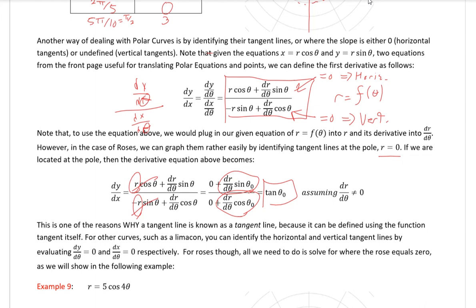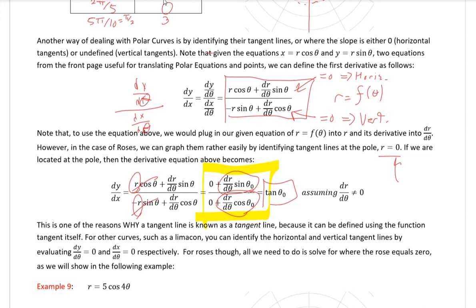And what that means is that all we really need to do to find those tangent lines is simply plug r of theta into our original equation. That would find our tangent lines. And by the way, us getting tangent of theta as a result is why these things are called tangent lines, and why it's linked to that specific other function in mathematics.